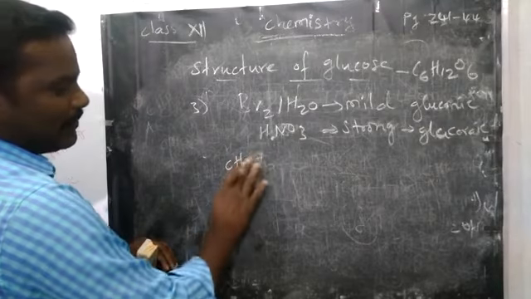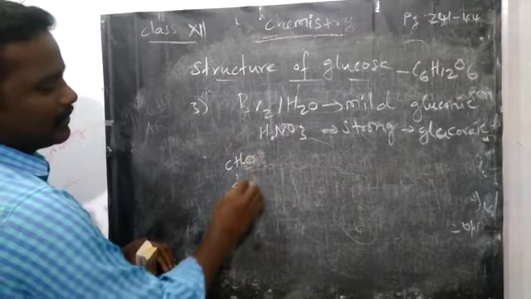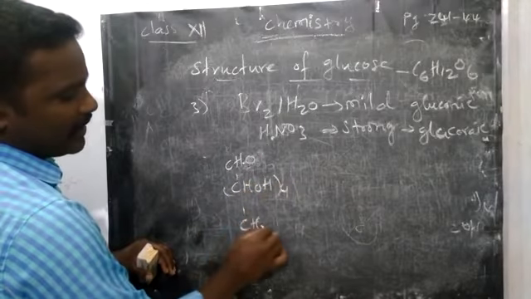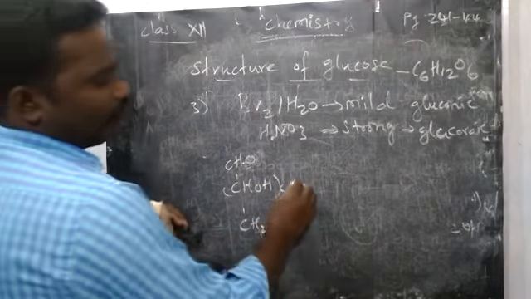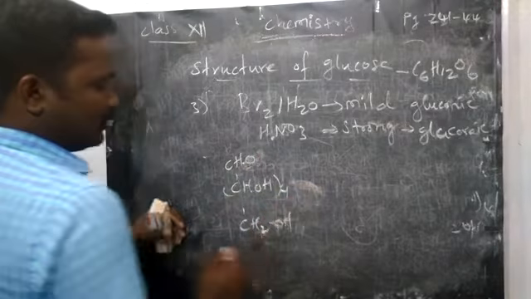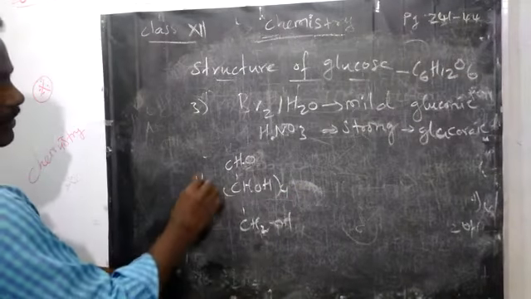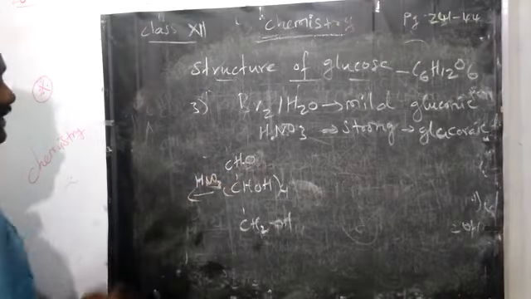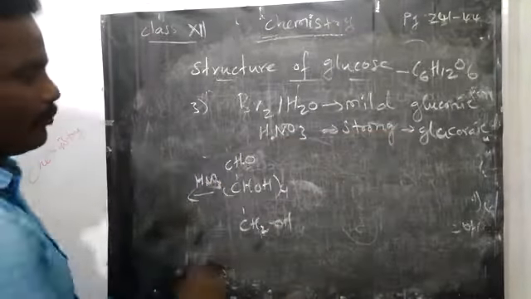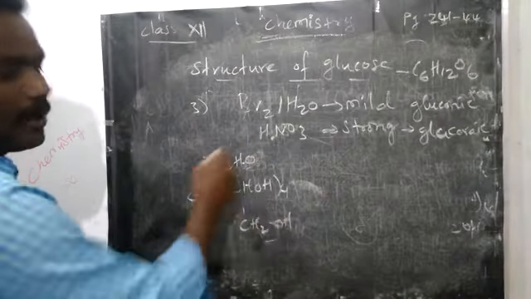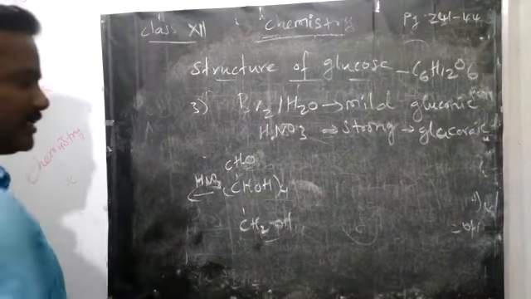CHO, that means aldehyde, CHOH four times, CH2OH. If it is treated with nitric acid, it gives an acid group on both sides. The primary alcohol also undergoes oxidation, and the aldehyde also undergoes oxidation.